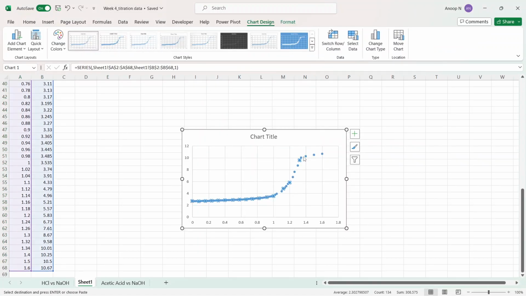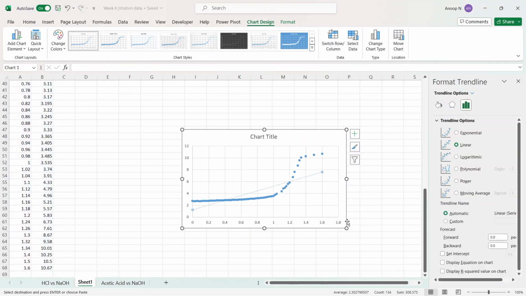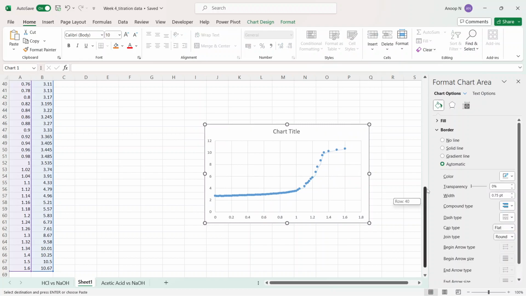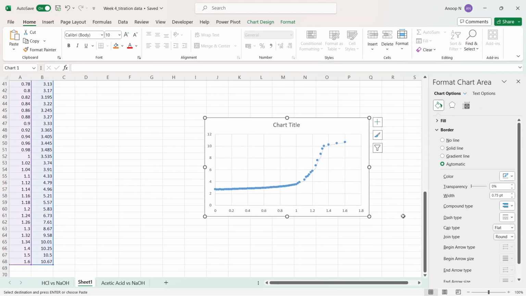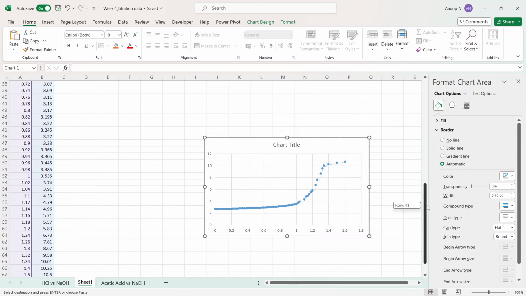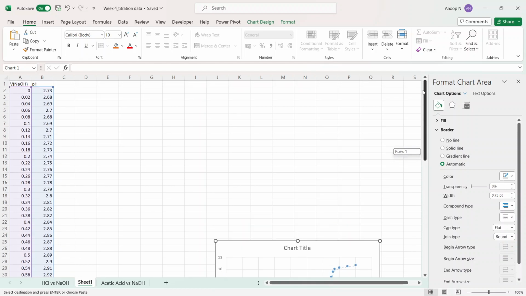After that, we'll click on the points, right click, add trend line. We'll use a moving average. The second plot is delta pH versus volume of NaOH. So for that, we have to calculate delta pH. How will you calculate delta pH?